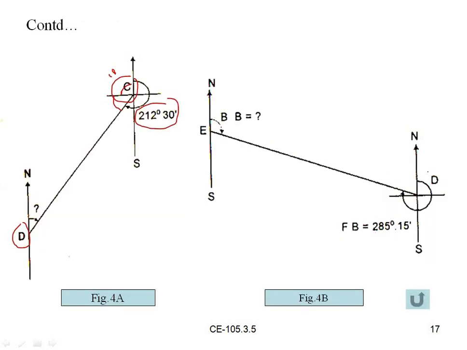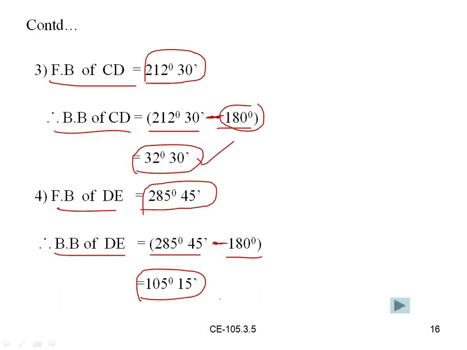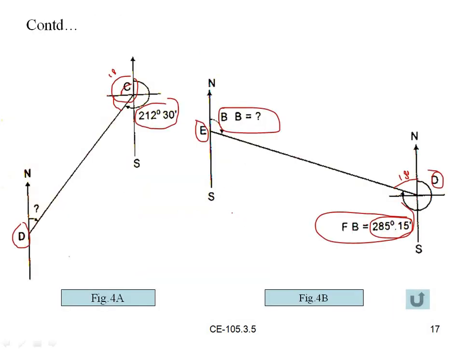And here from D to E again, the forebearing angle was given 285 degrees 15 minutes. So the remaining angle is, suppose you can see, 180 degrees. So 285 degrees minus 180, then we will get the back bearing angle. So that is 105 degrees 15 minutes and 32 degrees 30 minutes.